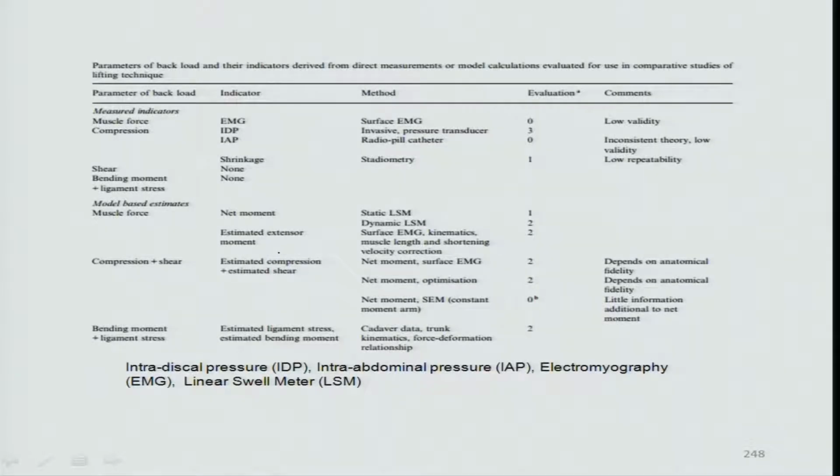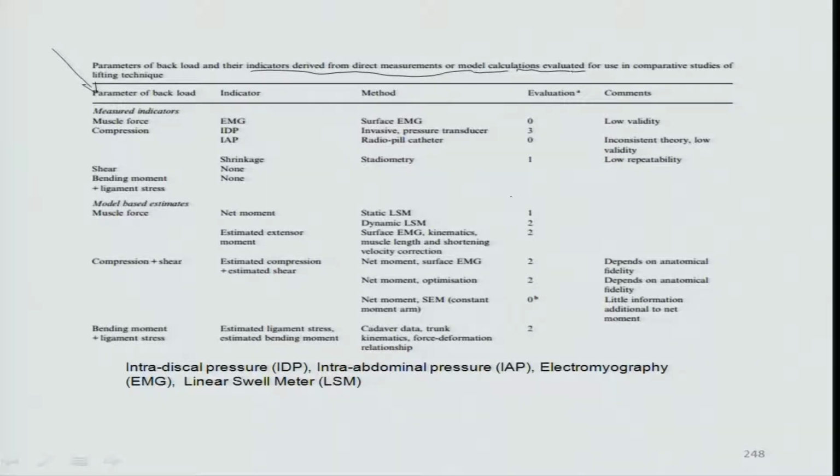So, this is a parameter of the back load, and its indicators are derived from direct measurements or sometimes model calculations, evaluated for use in comparative studies of both lifting techniques, that is the squat technique as well as the stoop technique.